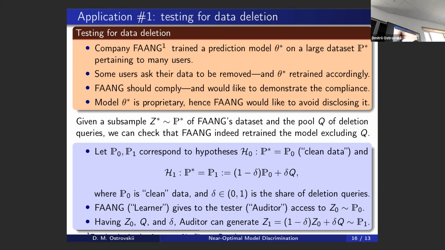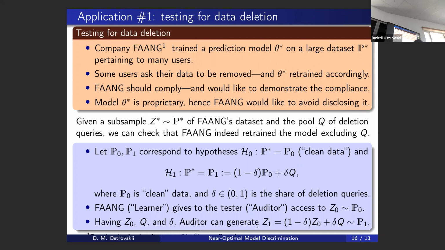Maybe they don't want to run the whole training process again, but there are actually some techniques for removing the influence of given data points from the learned model. So we would like to test whether the company complied with this. They might be lazy to do it, or they might not want to delete half the data, for example, for some reason, if there was a massive breach. They might not want to give up the data.